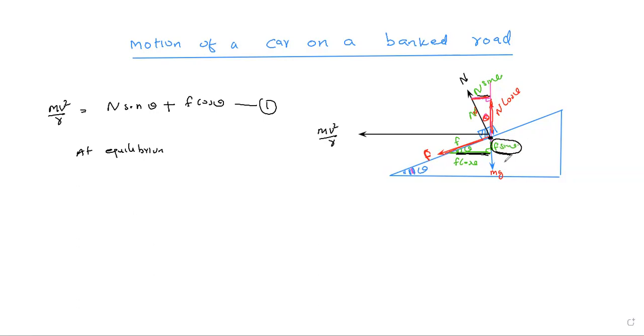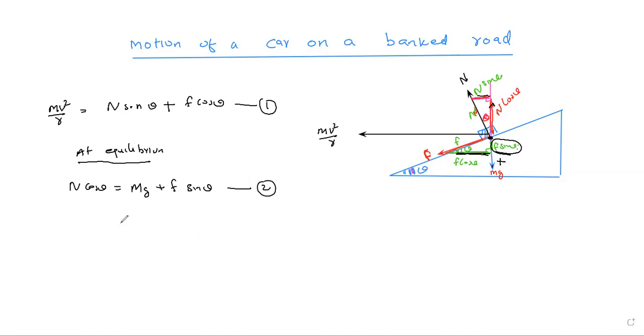So F sin theta plus mg are acting in the downward direction, and one component of normal, N cos theta, is acting in the upward direction. So at the equilibrium, we can say that N cos theta is balanced with mg plus F sin theta. This is equation number 2.